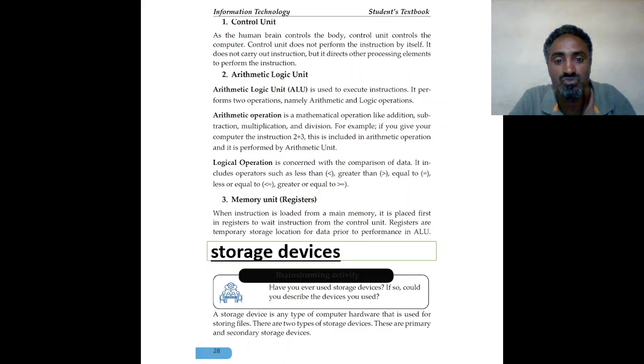Registers are temporary storage locations for data prior to performance in the arithmetic logic unit. To perform a specific operation, the instructions sent from the keyboard or mouse are stored temporarily in the memory unit or registers. For today is enough.